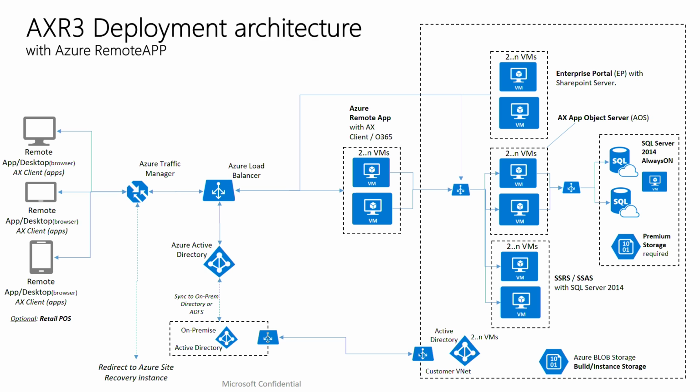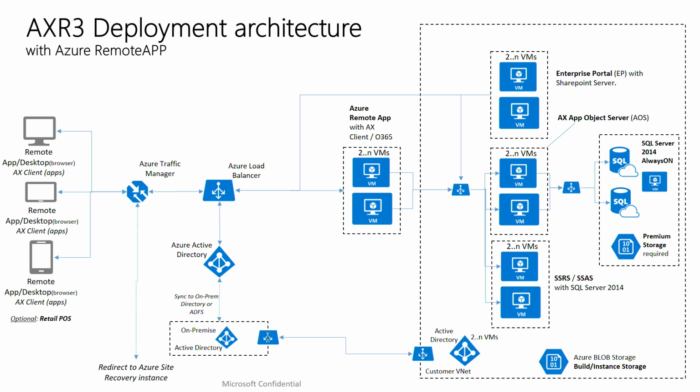The Azure Load Balancer: traditionally you would have a network load balancer if you're running stuff on premise. We're running stuff in Azure, so the Azure Load Balancer will basically balance the level 4 network traffic. Then you have Azure RemoteApp.